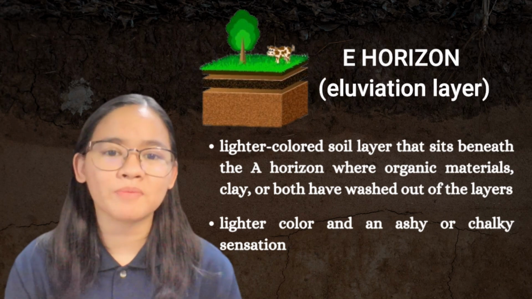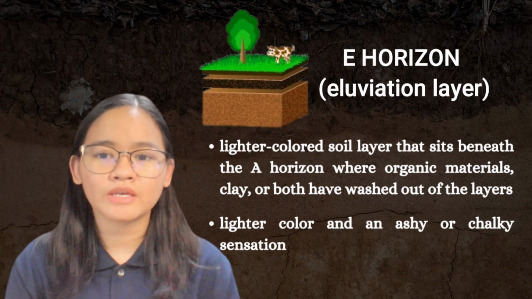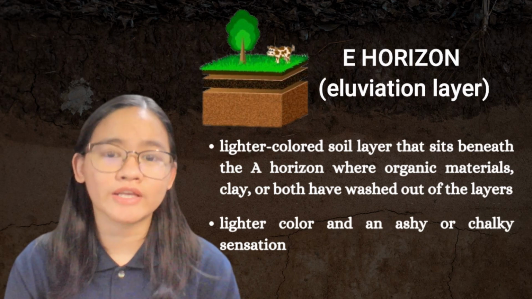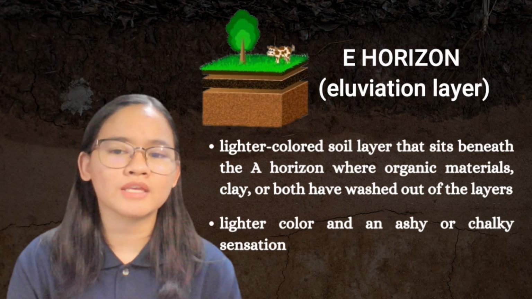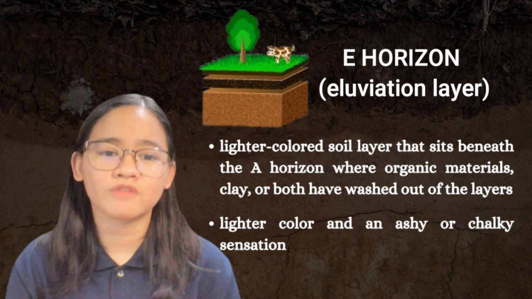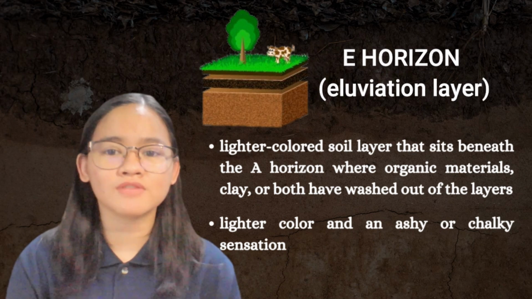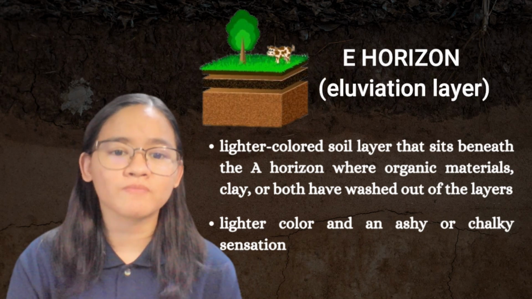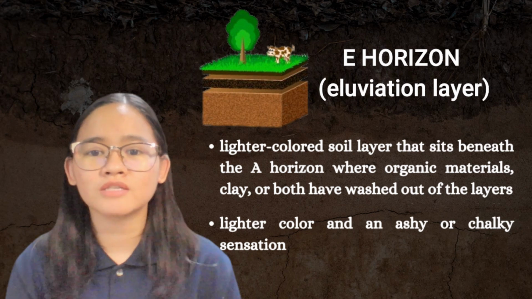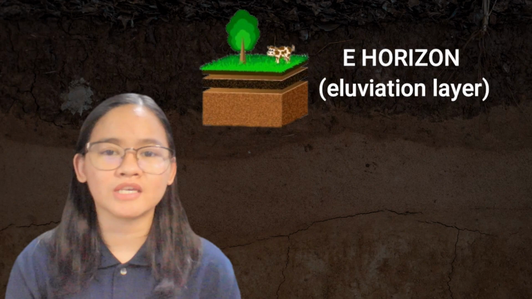The texture is typically comparable to the horizon above it, although it contains less clay than the horizon below it. Water penetrates through the soil, taking nutrients and minerals with it, forming this layer. Therefore, as the water moves down the soil, substances are removed and pulled out from this layer, resulting in a concentration of sand and silt particles. This layer may be missing in some soils.